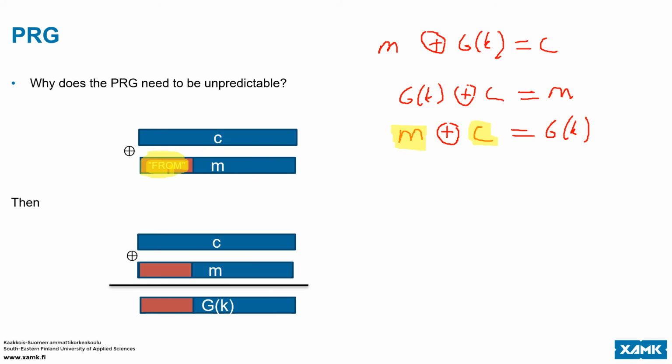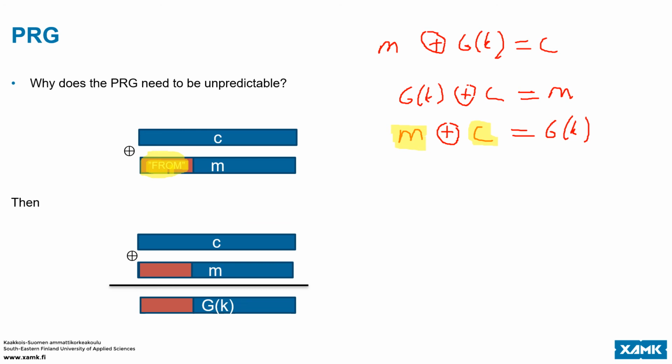So then, based on this formula, we can calculate what GK is, or parts of what GK was. So in essence, if we can guess parts of the message, we can then find parts of the key.